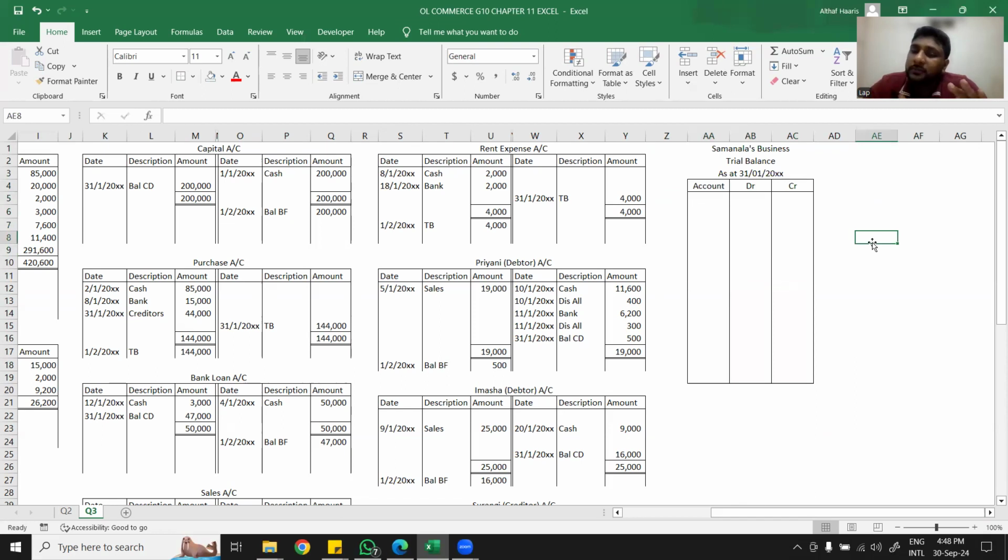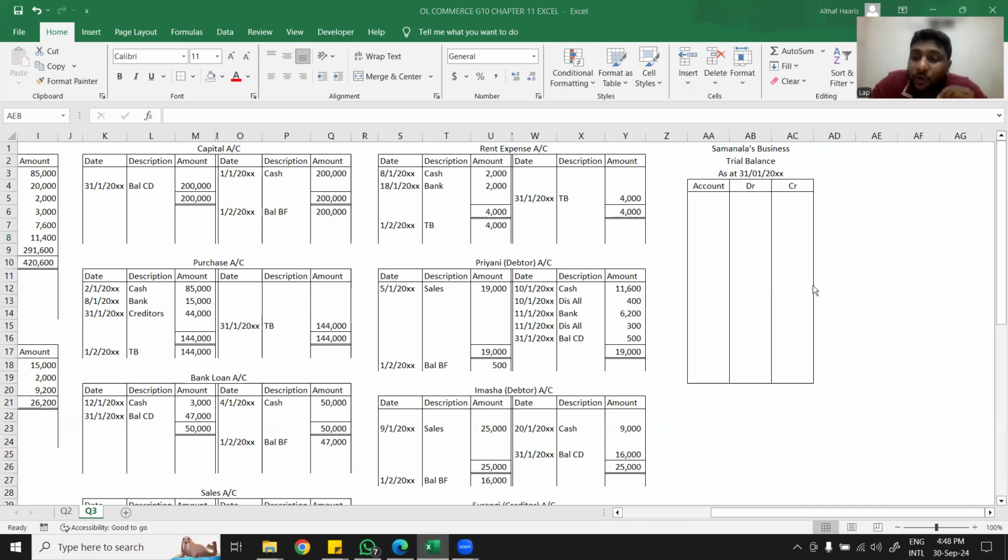So people, when you are preparing the trial balance, you have to check the closing balance side or opening balance side. Which side you should check? The amount where you have the BCD balance, the amount that you have in the BBF.